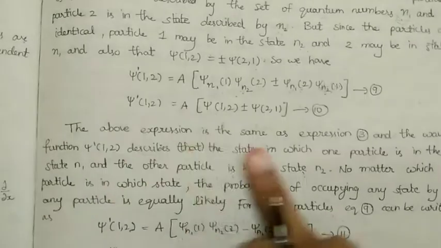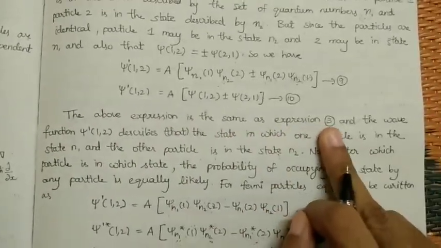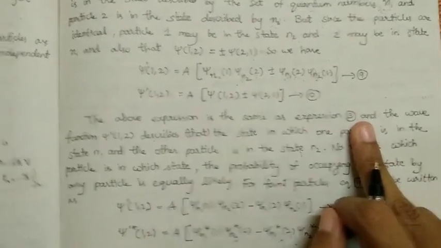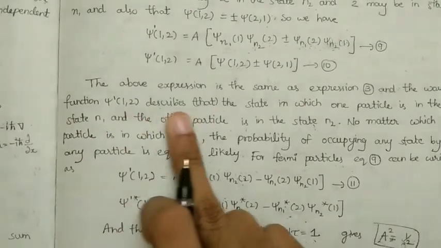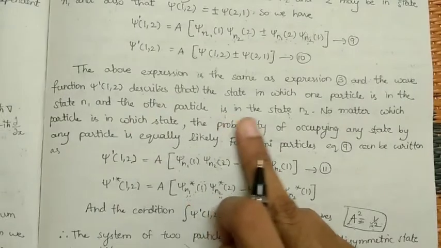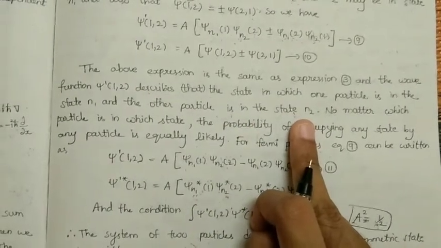So the above expression is the same as expression 3, and the wave function xi dash of 1,2 describes the state in which one particle is in the state n1 and another particle is in the state n2.